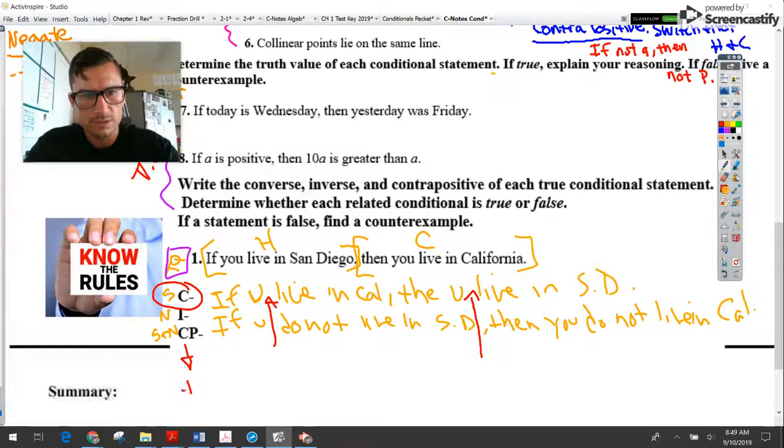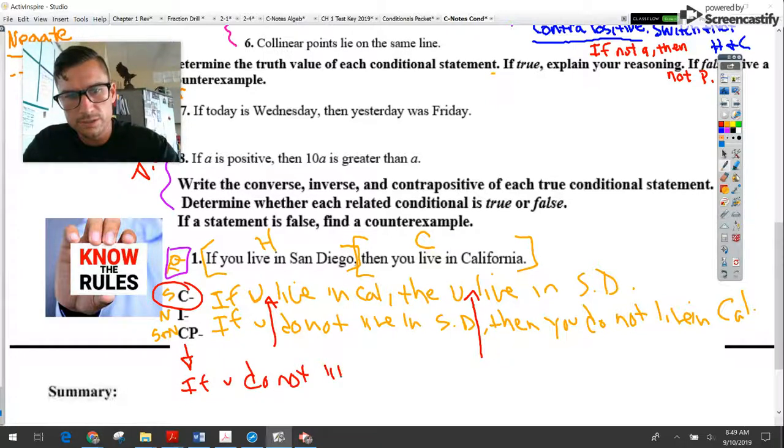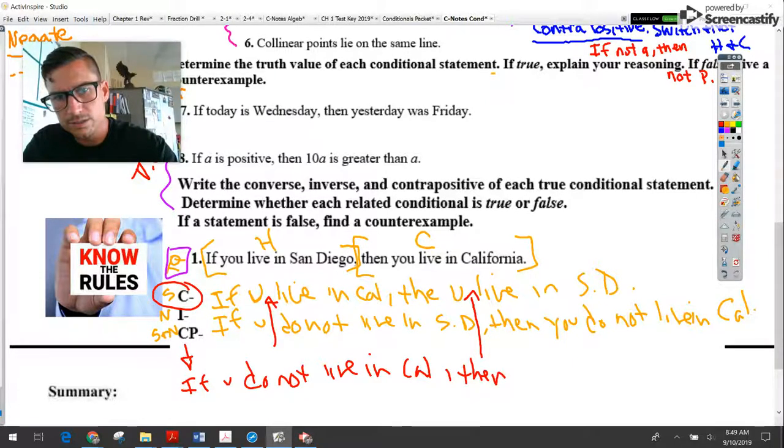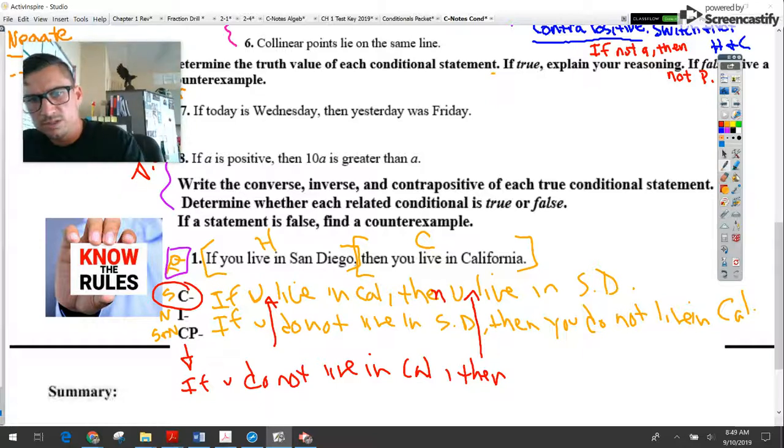Contrapositive. If you do not live in California, then you do not live in San Diego. There we go.